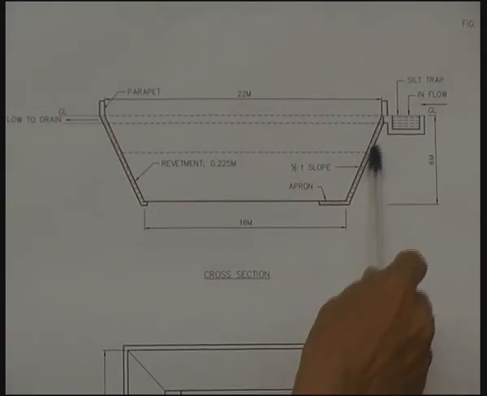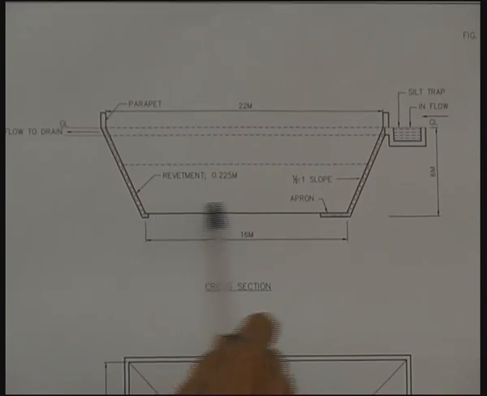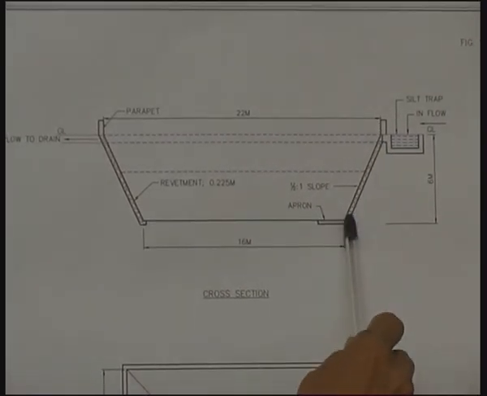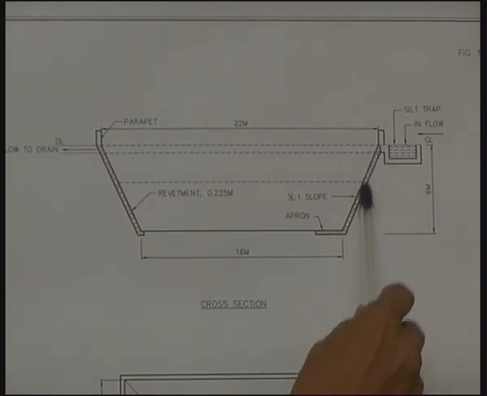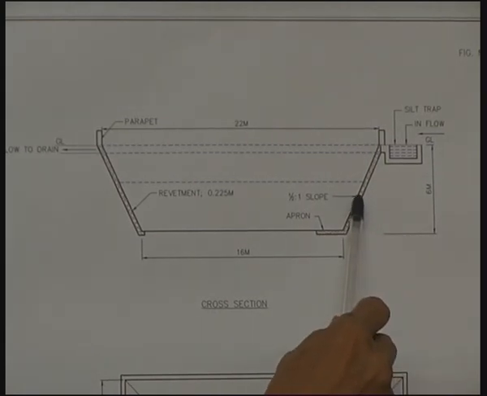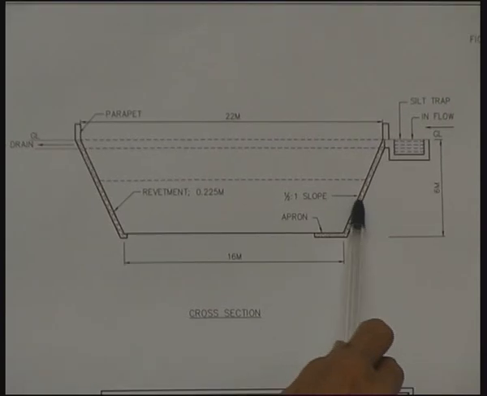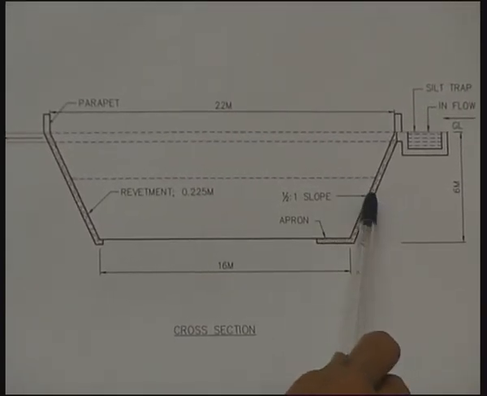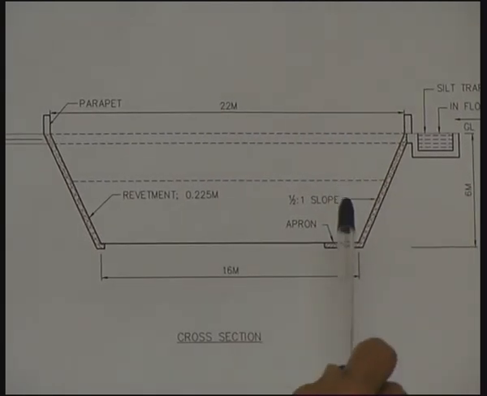And the pit can be given a side slope of half to 1 on either side, and this portion has to be revetted with rough stone of 0.225 thick. This rough stone will not prevent seepage of flow. It is a dry packing. There is no cement used. It is just a rough stone dry packing facilitating the water to seep through.